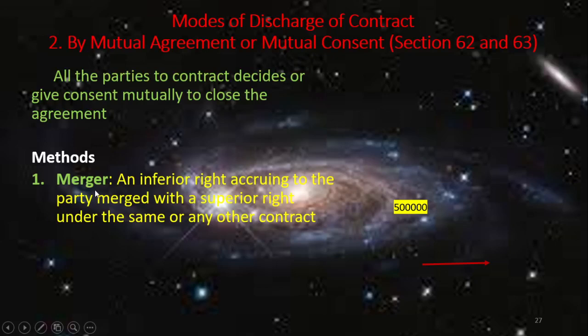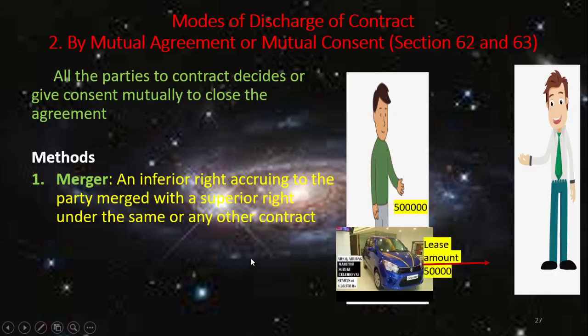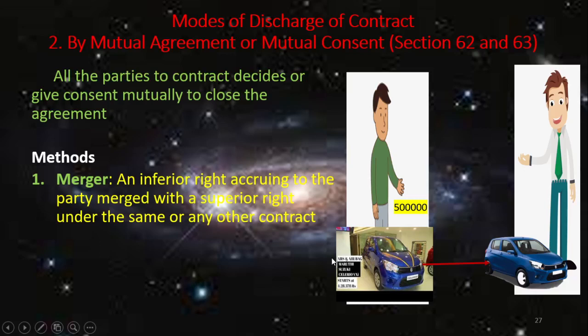Here in merger, you should remember, an inferior right merges with the superior right, and after merging, this inferior right will not continue. Arun is ready to sell the car, but here it is a sale of a car under a lease agreement. Kiran is paying the lease amount to Arun regularly. In this case, the contractual capacity is lessor and lessee. But after paying the final amount to Arun, the contractual capacity will become seller and buyer. So the inferior rights of lessor and lessee will be translated to purchaser and seller. This is considered as an inferior right merged with the superior right, and these inferior rights will not continue.